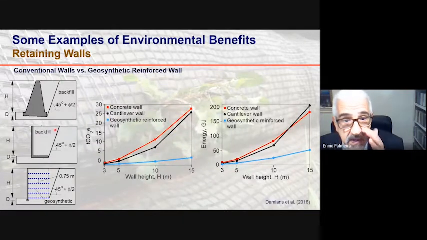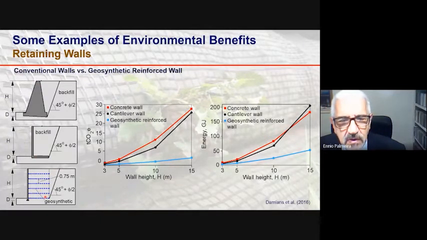Another comparison with regard to retaining structures: conventional gravity wall, cantilever wall, and here geosynthetic reinforced wall. And in these results, you see the amount of emission of CO2 as a function of the wall height, and you can see that the emission of CO2 is much smaller for the solution with geosynthetics than for the conventional solutions.